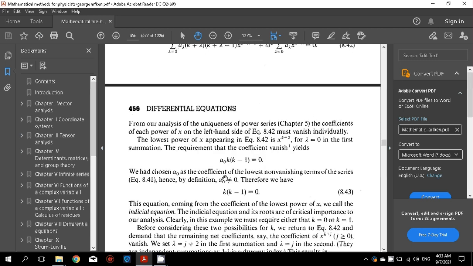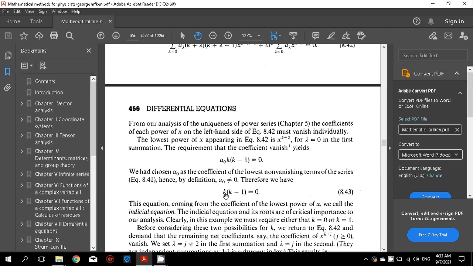So we have a naught k into k minus 1 equal to 0, obtained by comparing the coefficient of the minimum power of x. Because a naught cannot be 0, we end up with the result that k into k minus 1 is equal to 0.